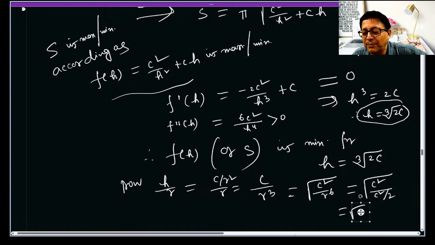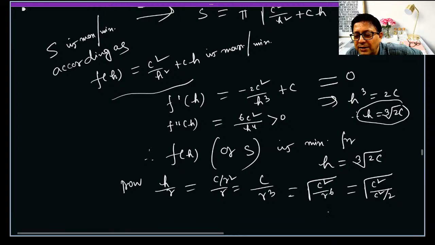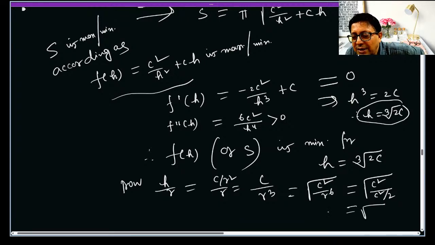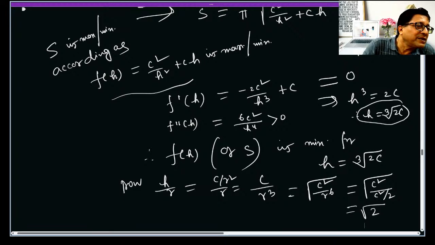No, I also got it. Check my calculation now. It is finished. This is coming root 2. See the way I did there? Only a class 9-10 manipulation. R to the power 6, C square by 2. H is cube root of 2C.